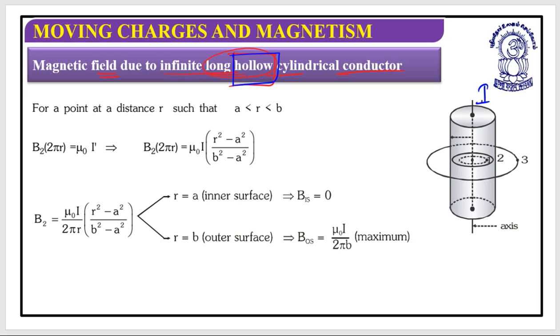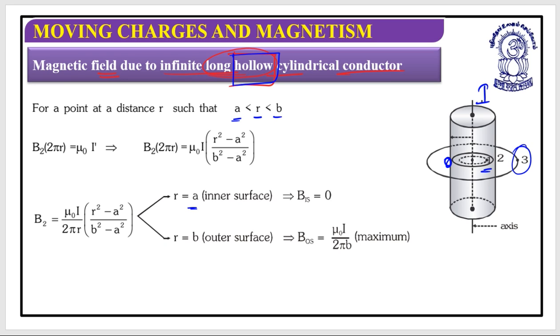Along the axis of the cylinder, we have again chosen 3 points: 1 inside, 2nd on the surface, 3rd outside the surface. For a point at a distance r such that a is less than r less than b, we have considered two surfaces.